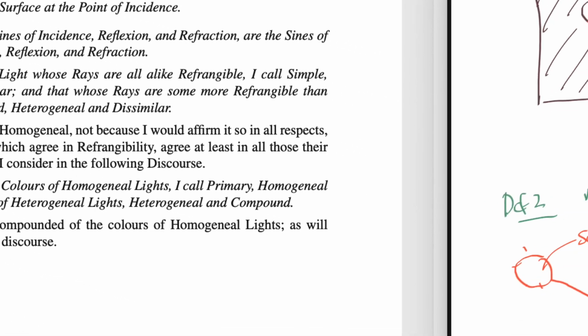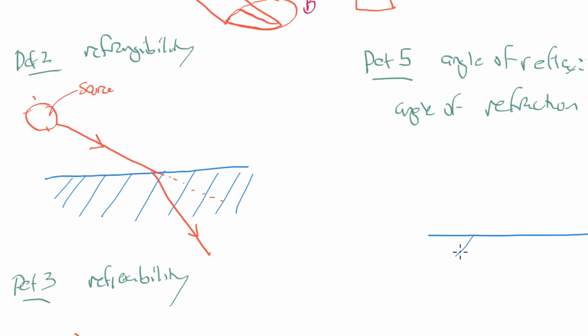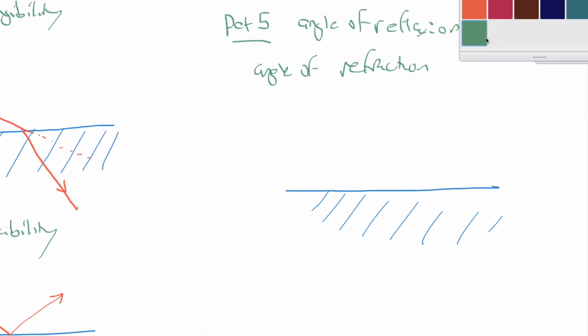So once again, let me draw our medium into which this beam is going to be traveling or off of which the beam is going to be bouncing. Here is the incoming ray of light. And once again, we draw a perpendicular like this. And then if we're considering a beam that's bouncing off, like this, then the angle right here is what we mean by the angle of reflection.